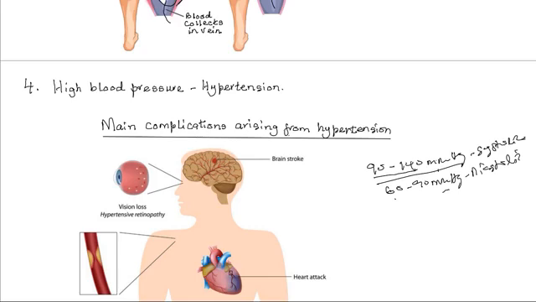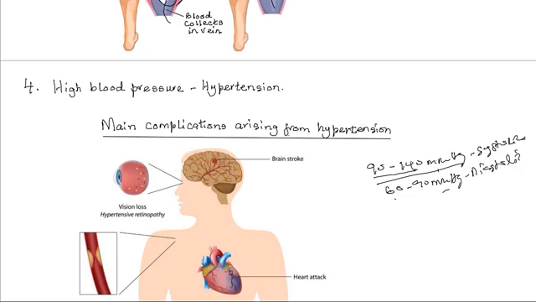Now, any value above 140 over a value above 90 is regarded to be high blood pressure. That is, during systolic pressure, when the value is beyond 140, and during the diastolic pressure the value is beyond 90, then that is a condition of high blood pressure.